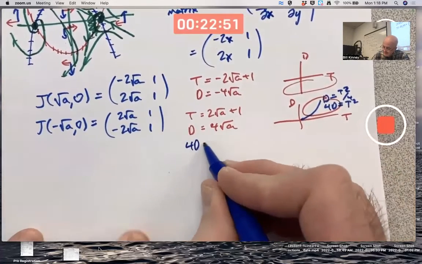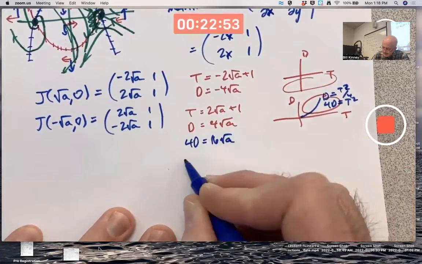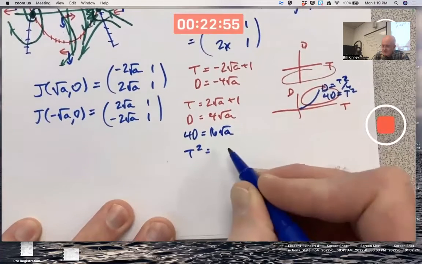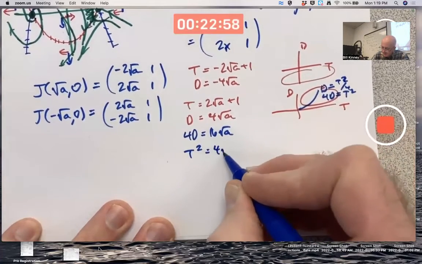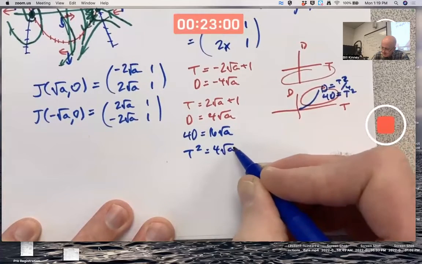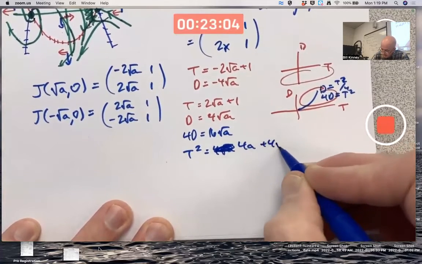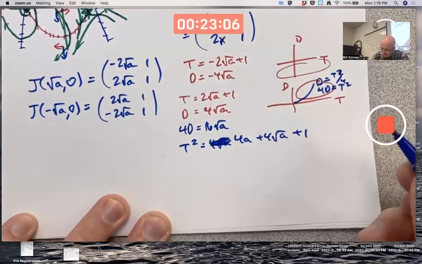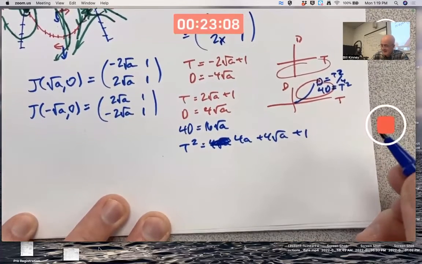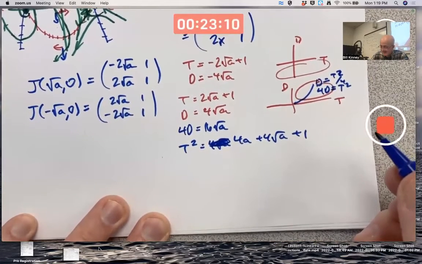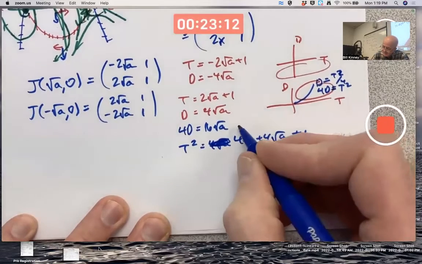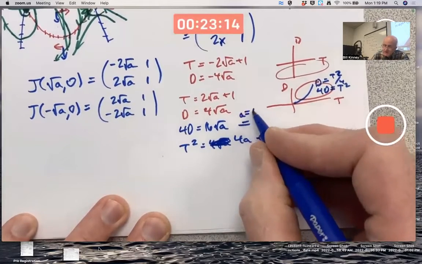4d is 16 square root of a. What about t squared? Square that thing, I'll get 4a plus 4 square root of a plus 1. Maybe the answer depends on a. If a is 1, let's assume we're in the case where a is 1.